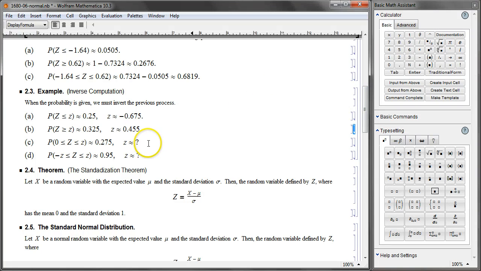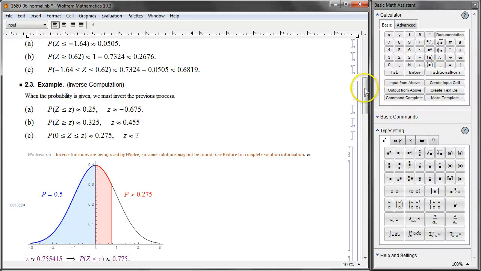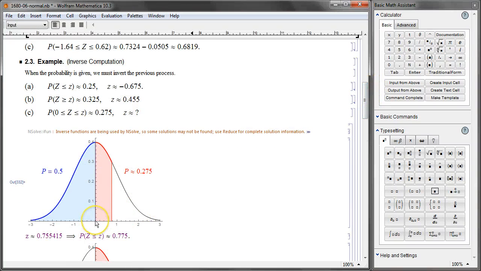How about this kind of problem? The probability that z is between 0 and a certain number. We have to look up this kind of probability, and the red area from 0 to 0.275 is the one.